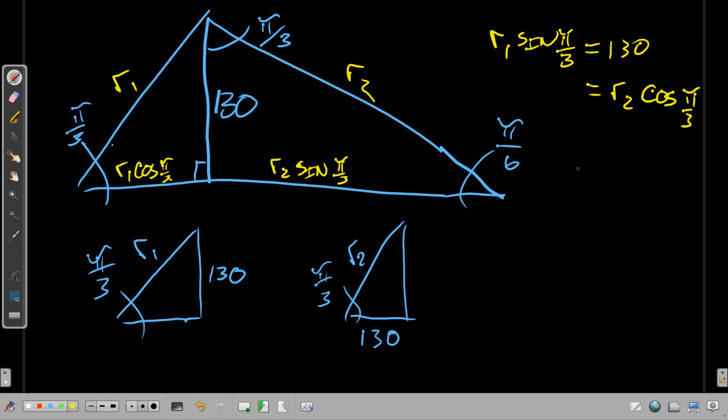Okie doke. So then it must be the case that tangent of pi over 3 is equal to R2 over R1. Okay, I don't know if that's helpful. We'll see here in a second. Well, tangent of pi over 3 is just the square root of 3.